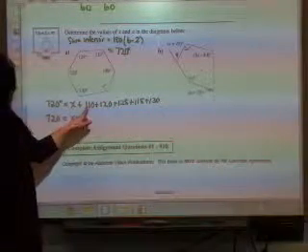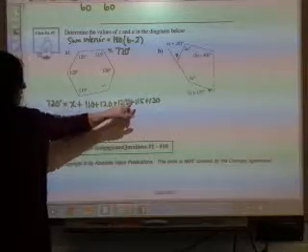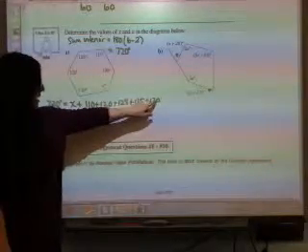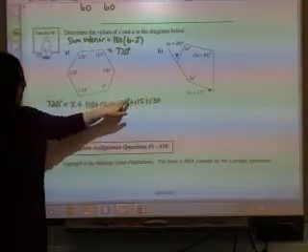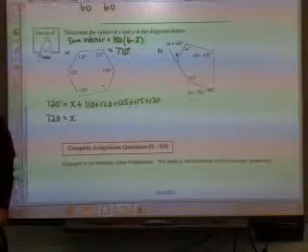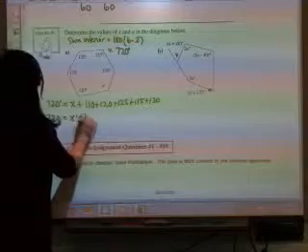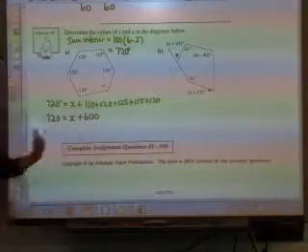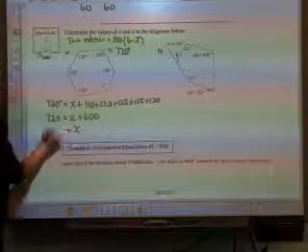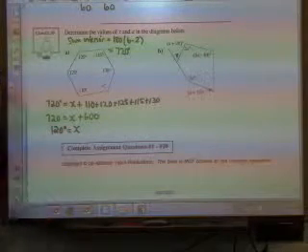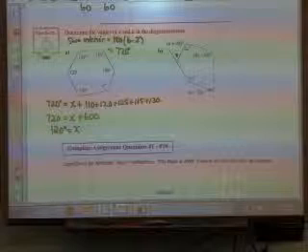Adding those gives 600. Then subtract 600 on both sides, and x will equal 120 degrees.